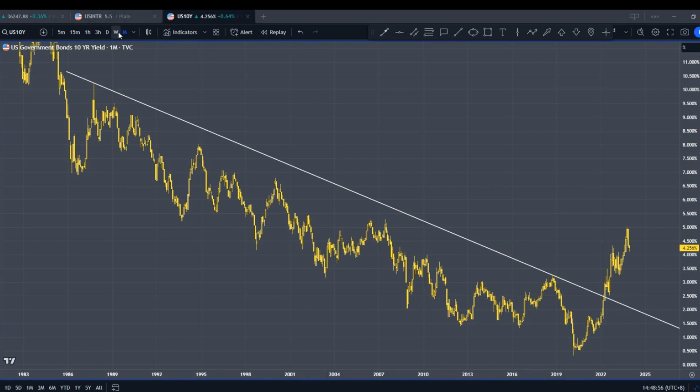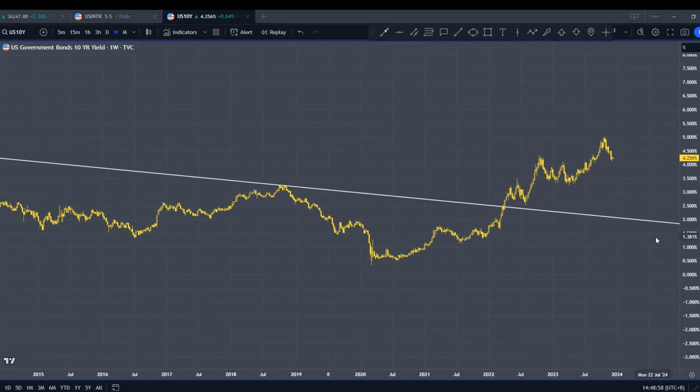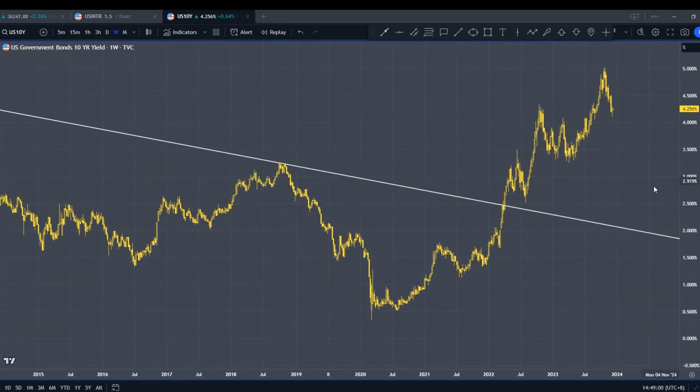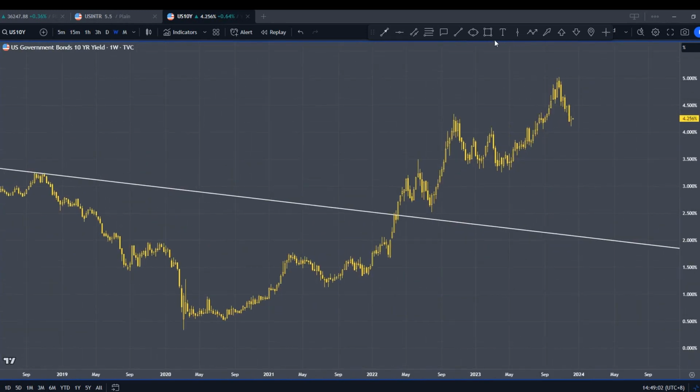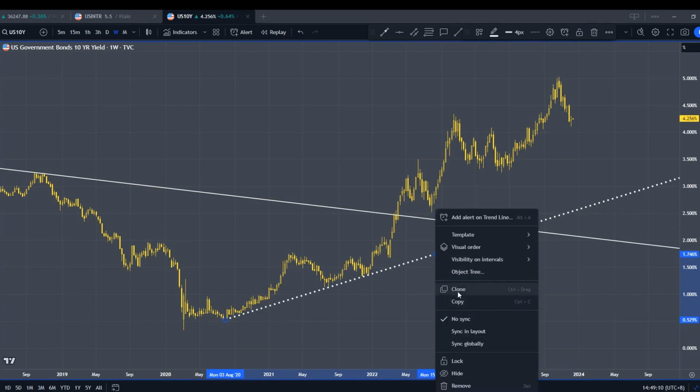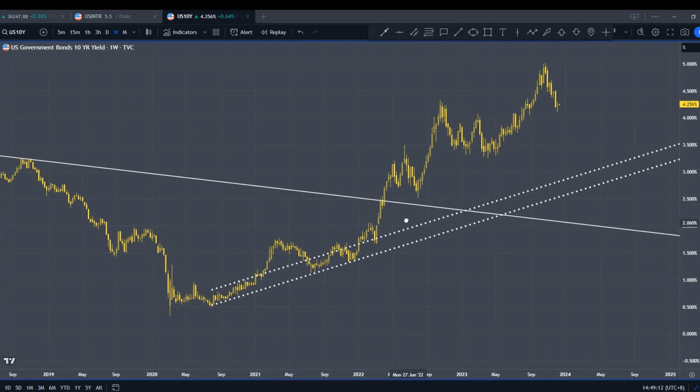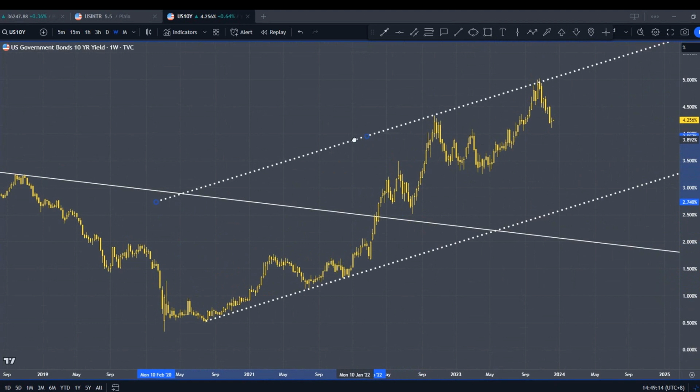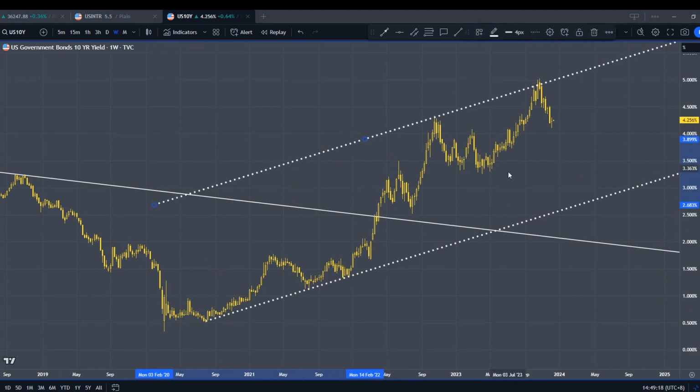And what I'm going to do is narrow down into the weekly chart. I'm going to explore the uptrend line. And what I would like to do is clone this so that I can create, as you could see, a parallel channel.